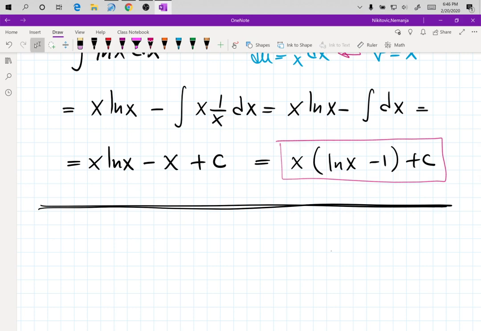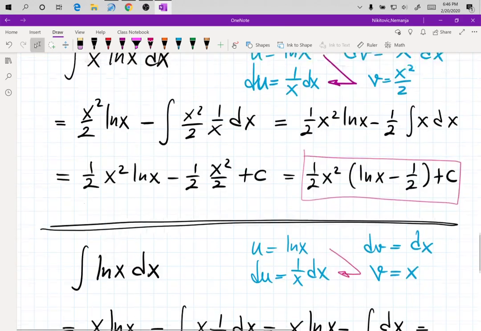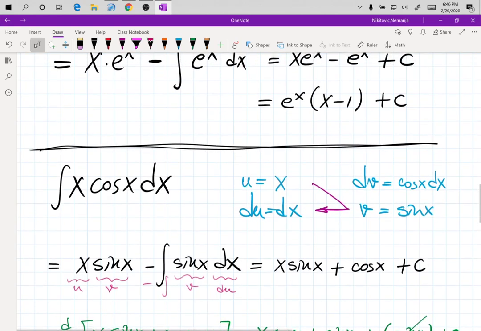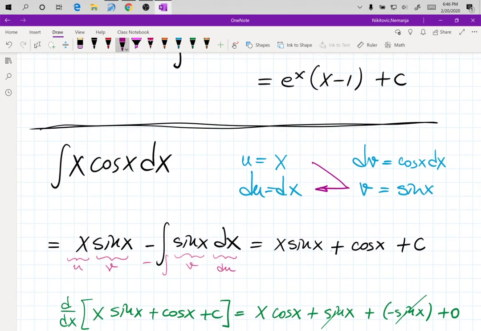The number of integration by parts that you have to do for those nested problems will depend on the exponent of the x, because every time you do integration by parts, the derivative will only peel off one exponent.